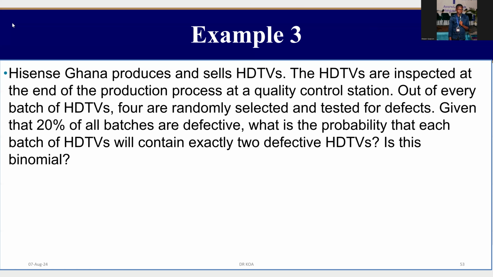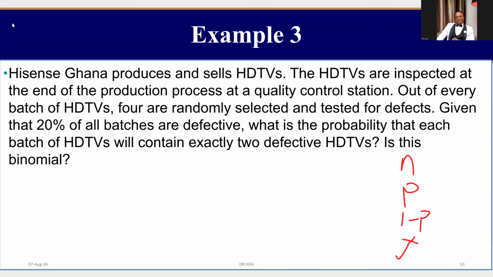Good. So there are 2 outcomes. Always look for that. What are the outcomes? In this case, defective or not defective. Okay. Now we've got to identify the n, the p, the 1 minus p, and then the x.